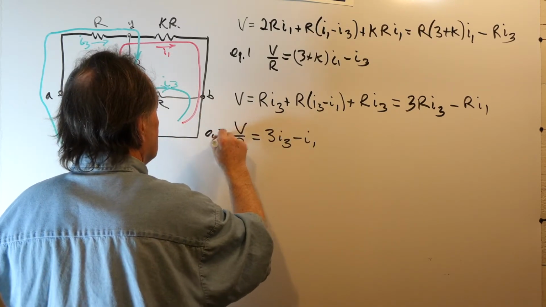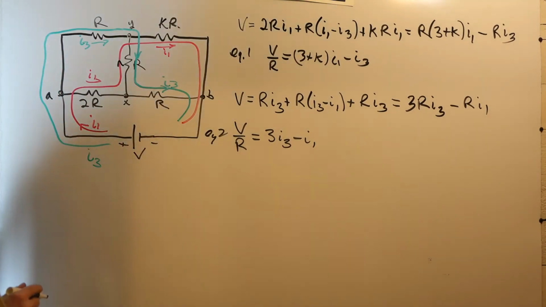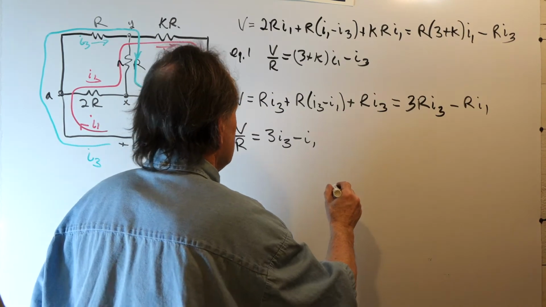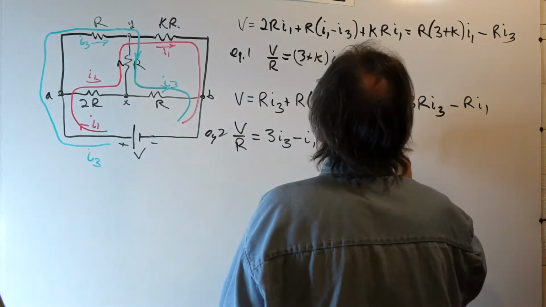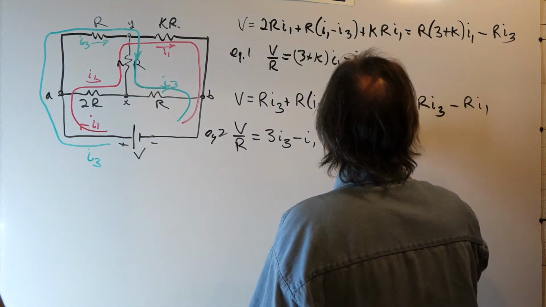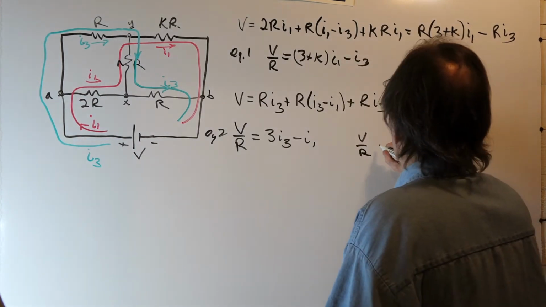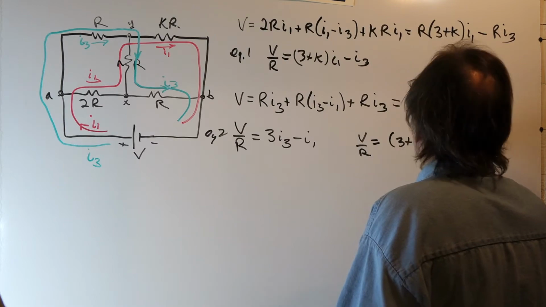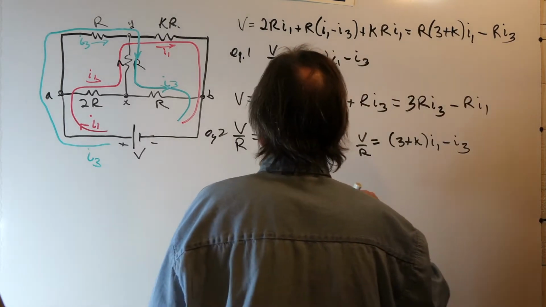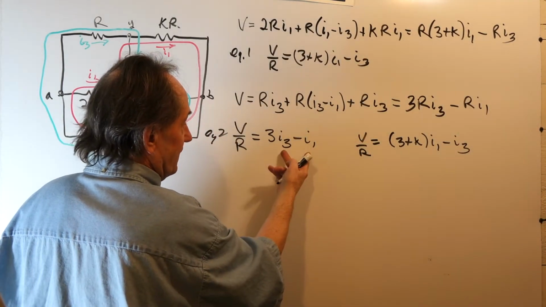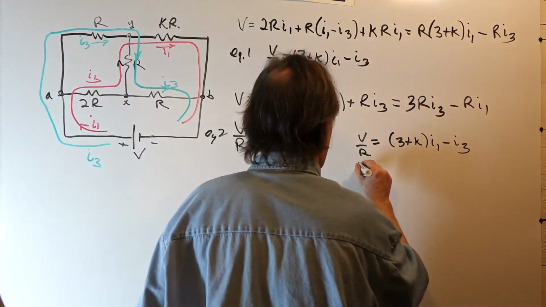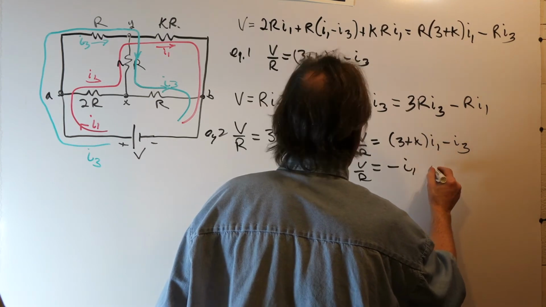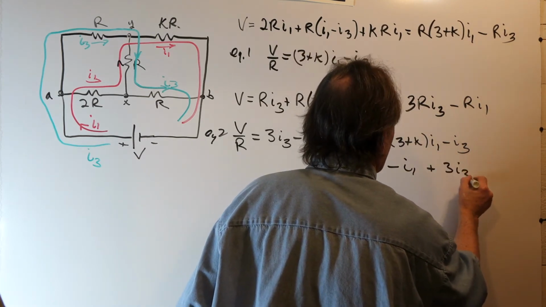This is equation 2. Now, what I'm going to do here is rewrite these so we can see how to add and subtract. So I have V over R is equal to (3 plus K) I1 minus I3. And below it I'm going to write equation 2, but I'm going to flip these two terms. So this is minus I1 plus 3 I3.